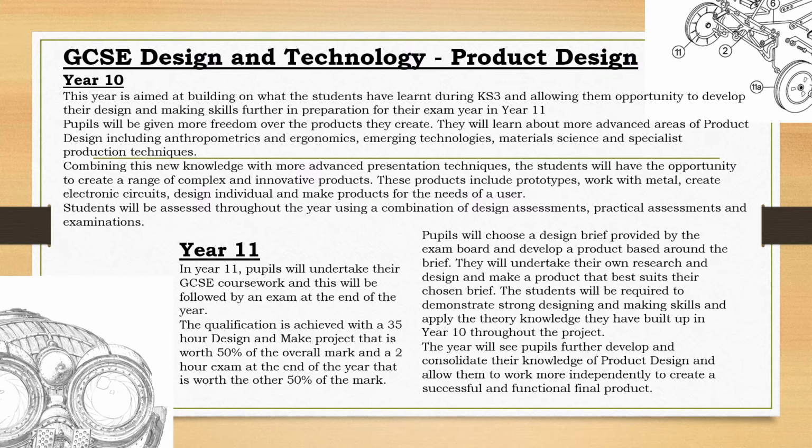That will run from about June in Year 10 all the way through until February in Year 11, and then from February through to your exam we will cover all of the different theory topics and recap the topics that we did in Year 10, and that will help you prepare more effectively for the exam.